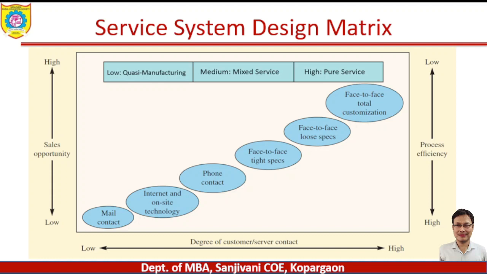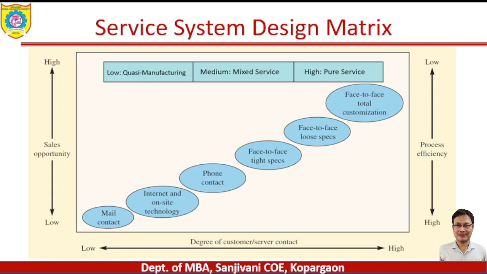Efficiency in the sense that there are very few errors and the system design is very easy and simple. You can actually contact thousands or even millions of customers at the same time through email, sending bulk emails.